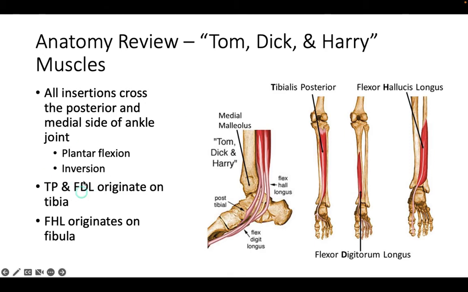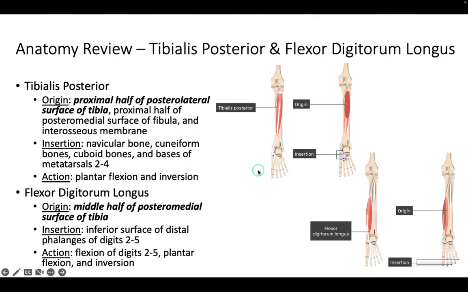For the next two slides, I'm going to focus more on the tibialis posterior and flexor digitorum longus, since this is a tibia injury. Starting off with the tibialis posterior, the origin is on the proximal half of the tibia and on the posterior lateral surface of the tibia, which is very important to note because some of the studies suggest that the tibialis posterior is one of the muscles causing this pain.